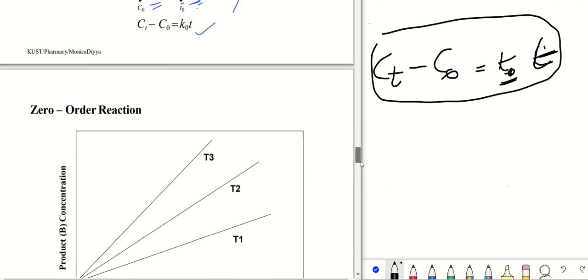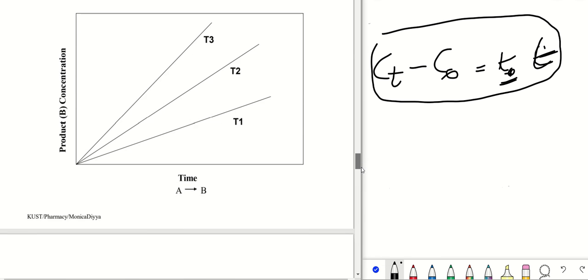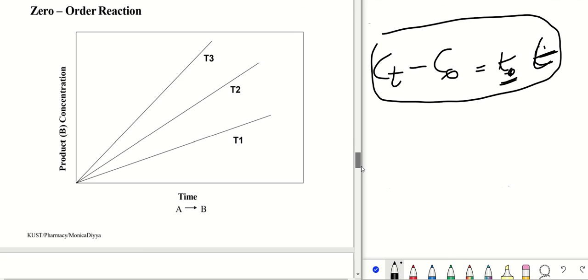Now let's see, at a particular time interval, we have taken time interval on the x-axis and the concentration of products on the y-axis. Now we are discussing a reaction in which A is a reactant, B is a product.